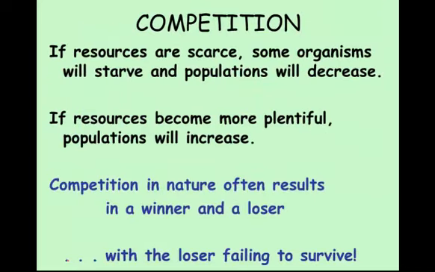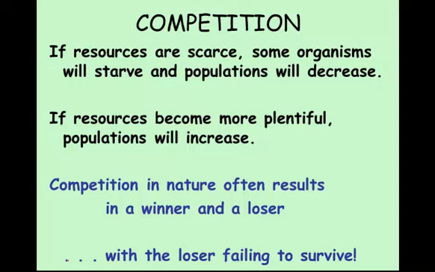So if you think about this idea of competition, if resources are scarce, there's not enough food, there's not enough place to live, some of the organisms are not going to get what they need. And if you have organisms dying because they don't have food, they're going to starve to death. And that means the numbers in that population are going to decrease. They're going to have fewer of that animal in the ecosystem.